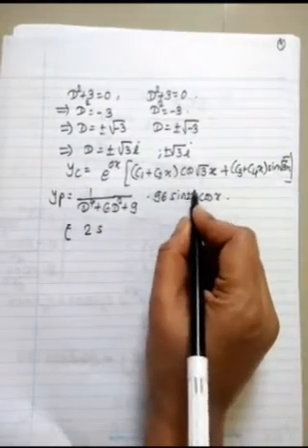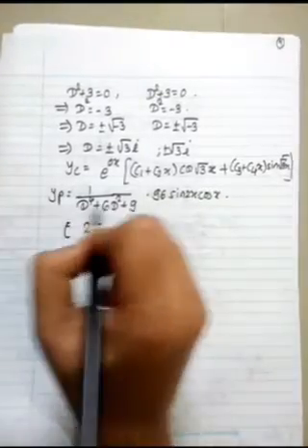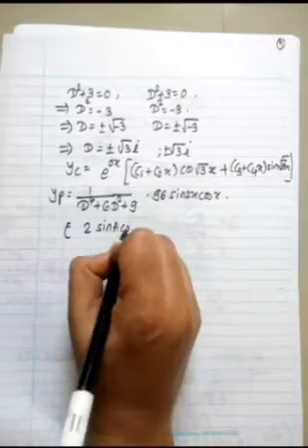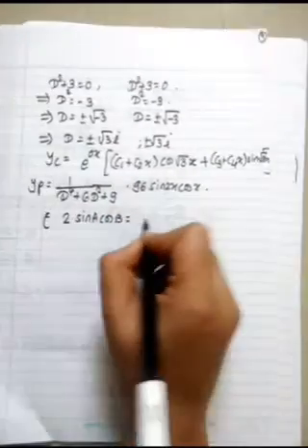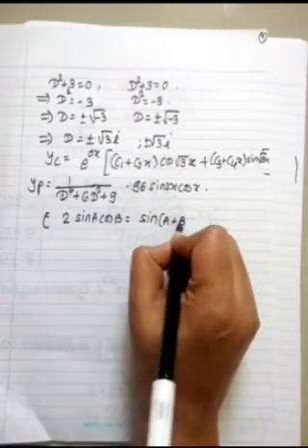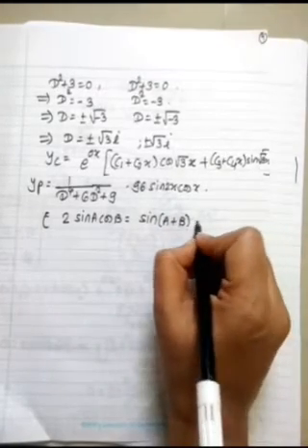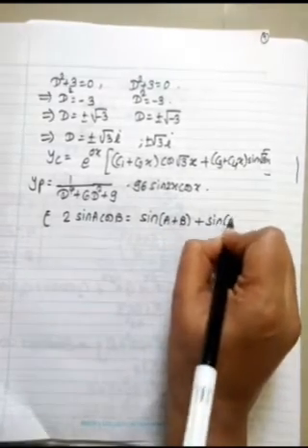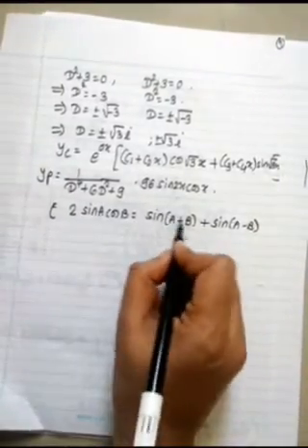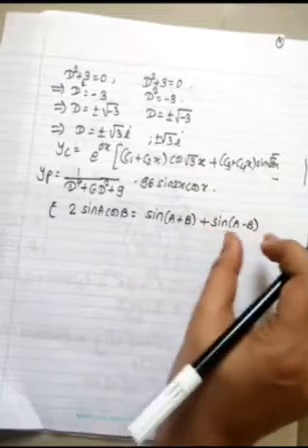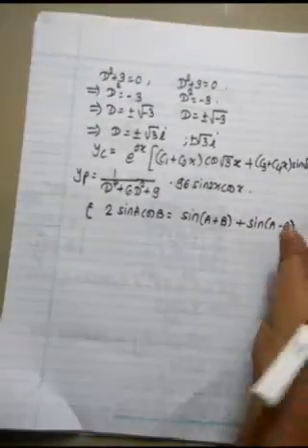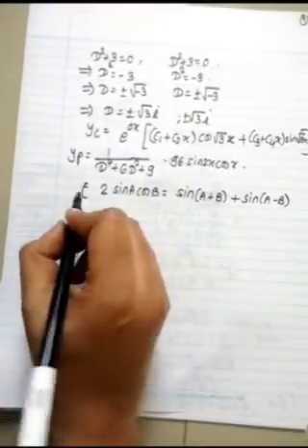If the angles are different, we have to take 2 sin a cos b. What is the formula? sin a plus b plus sin a minus b. If we do this, this is sine of something plus again sine of something. Now there will be no jumbling up, no multiplication of 2 sines or 2 cosines.